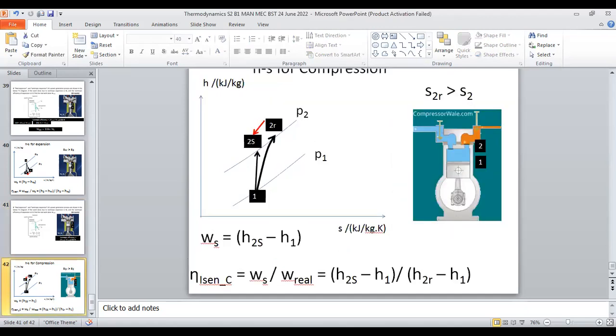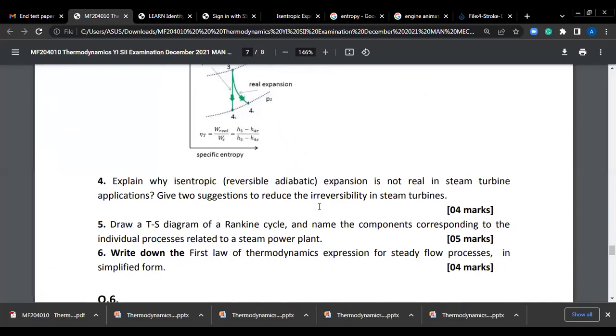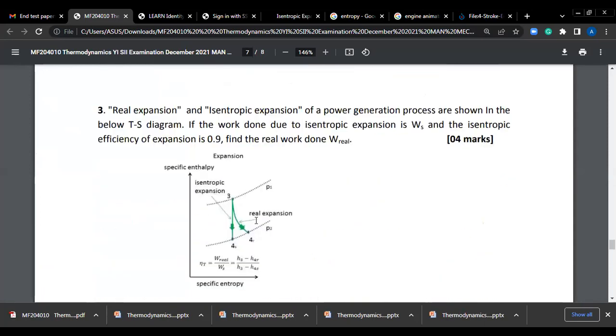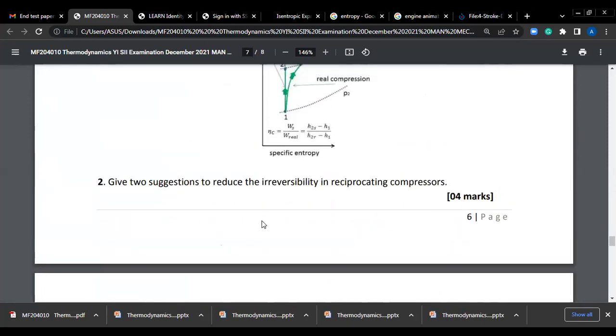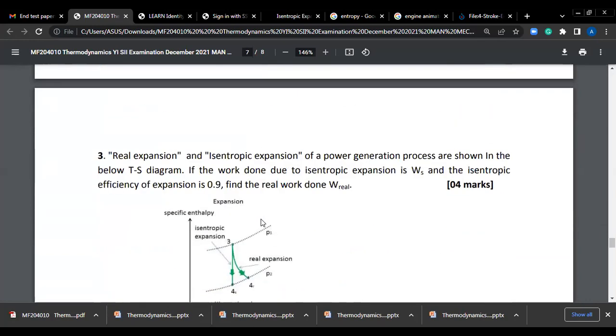Good. So this is one of the questions you got in the previous exams. A few more here. But you can see the isentropic nature, expansion, and compression we have learned. Real expansion and isentropic expansion.